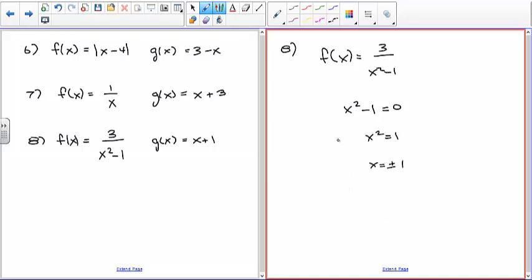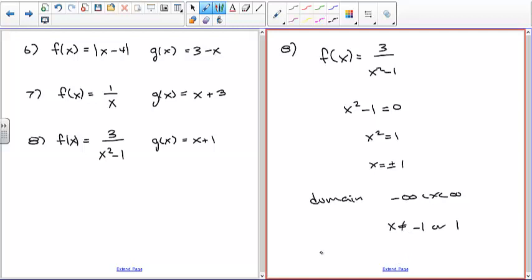So the domain for this first function is going to be all real numbers except x does not equal -1 or +1. Or you could say x does not equal -1 and x does not equal +1. So that's the domain for f of x.